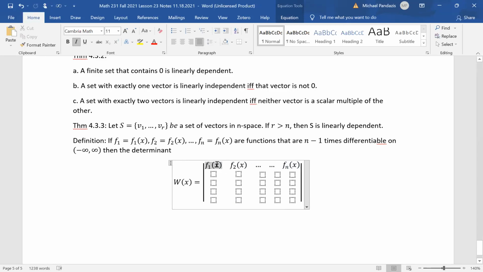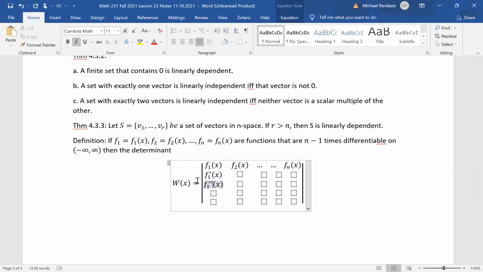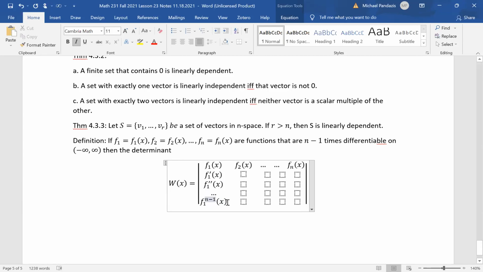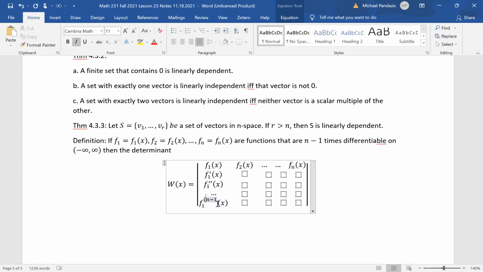Now, if you take this function f sub 1 of x and you do its first derivative, that goes there. Its second derivative would go here, and then dot, dot, dot, and here would be the n minus first derivative, in parentheses.